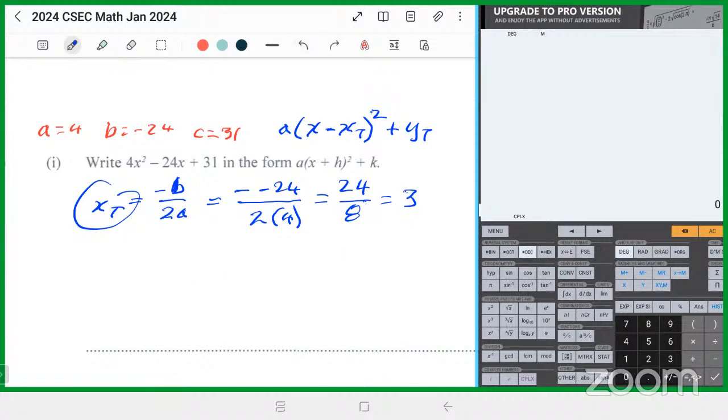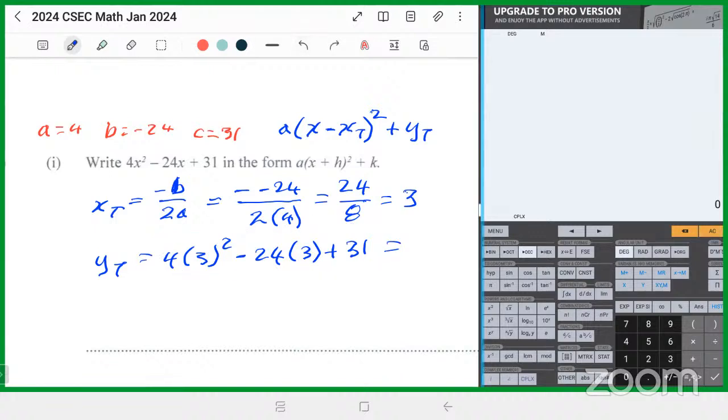And when my xt value is a whole number, I can calculate my yt value by substituting this xt value back into this function or this expression. And so my yt would simply be equal to 4 times 3 squared, because I'm putting 3 right here, minus 24 times the 3 plus 31. I'm going to use a calculator to work this out.